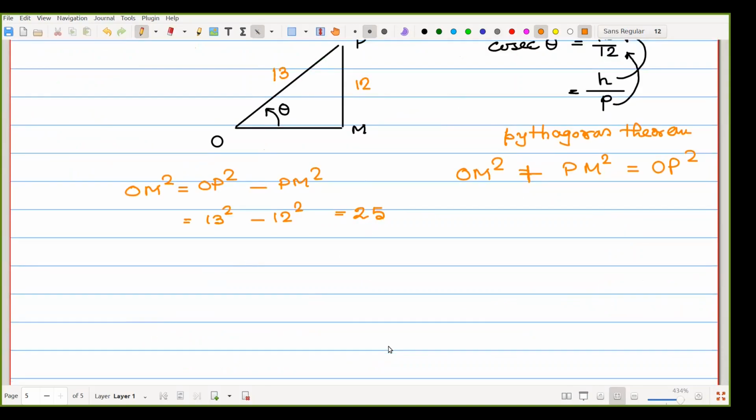So OM square is equal to 25. So OM, always remember, must be plus minus square root of 25, or that is plus minus 5. So we may write OM as plus minus 5.